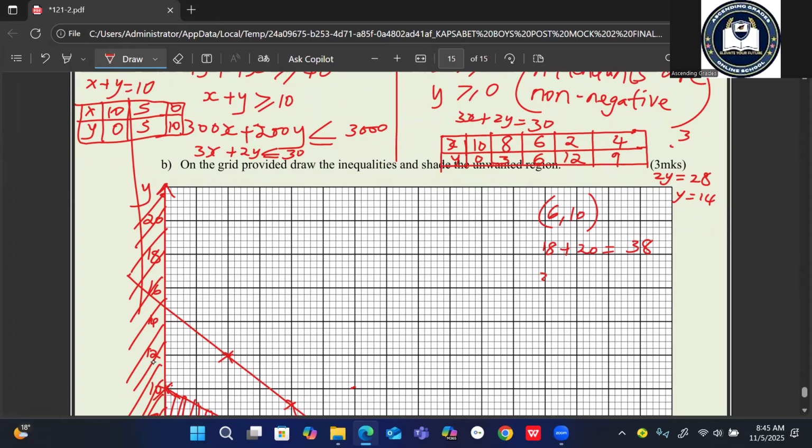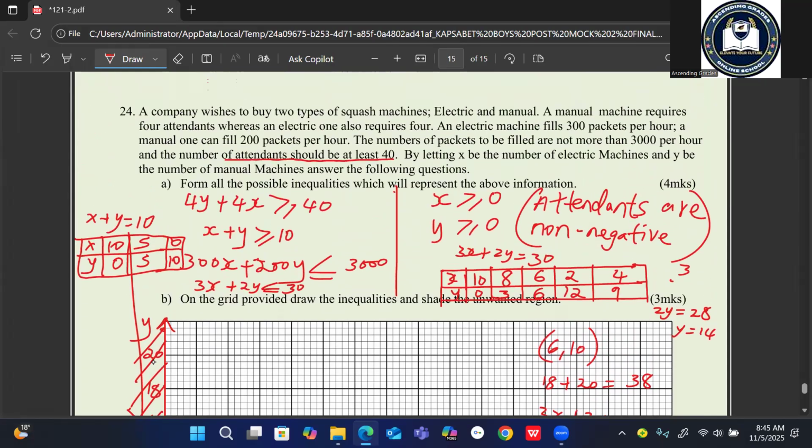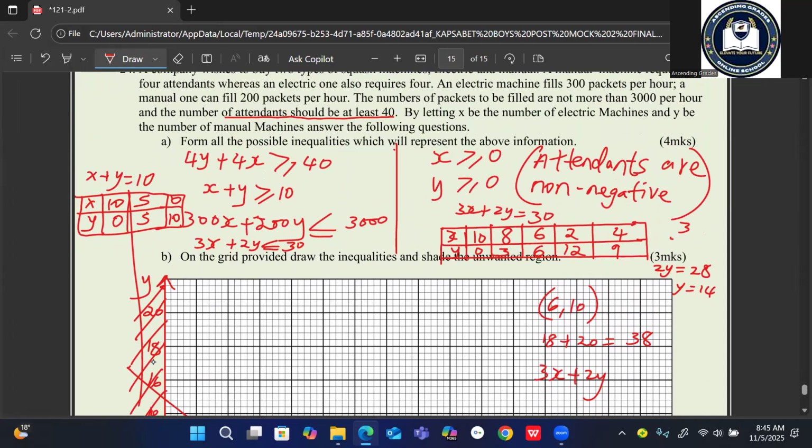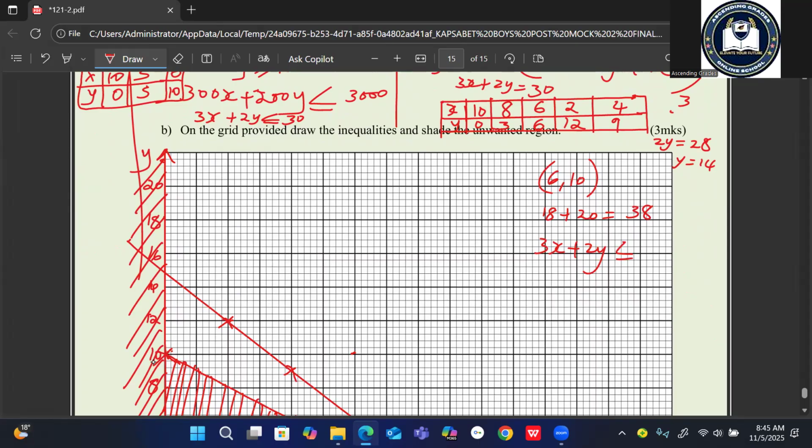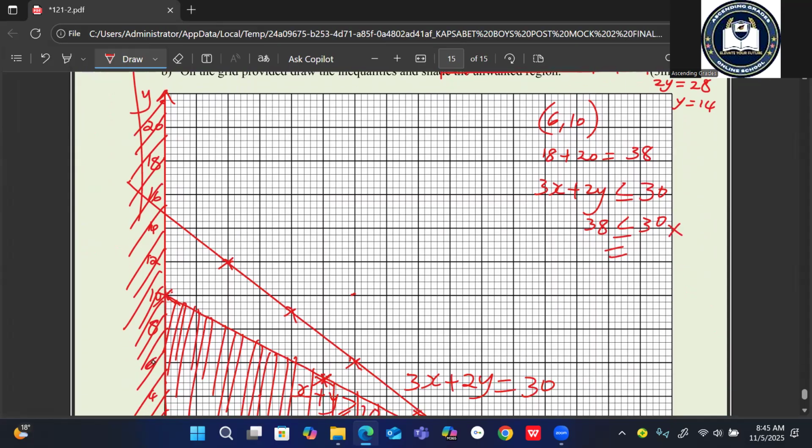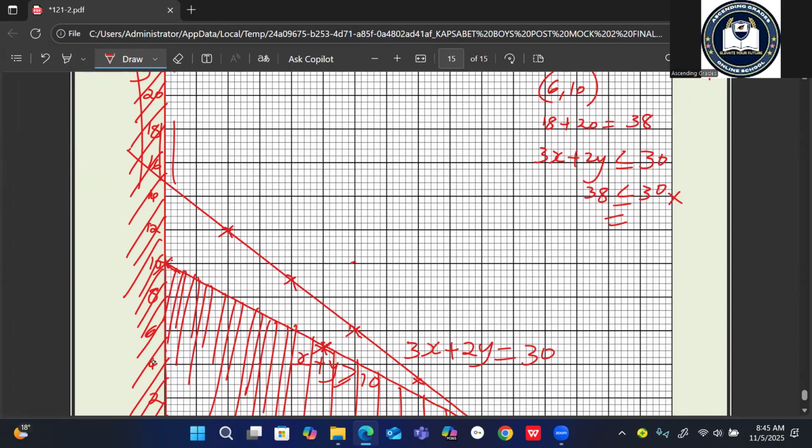Our inequality should be 3x plus 2y is less than 30, but 38 is not less than 30. So we reject that region.